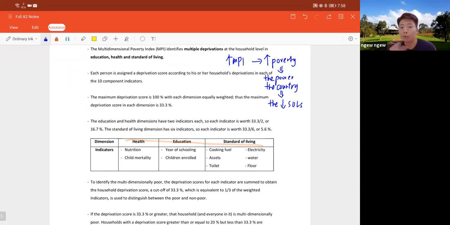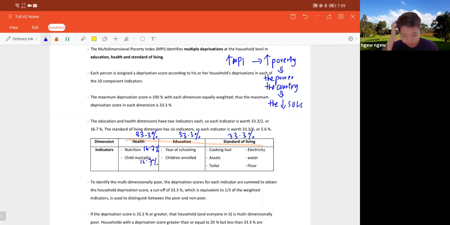So the weightage problem, everything is being solved. Okay, every individual dimension is given 33.3% of weightage. And in the health category, there are two things, nutrition and child mortality. So we will divide it, 16.7% each. So I quote you one example.